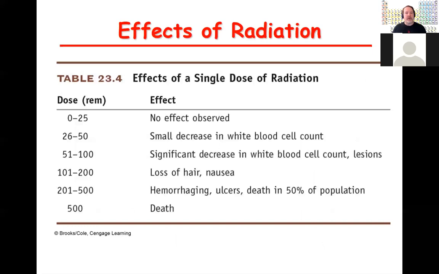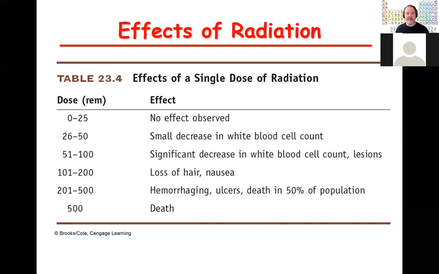All right. So what kind of damage and bad things happen based on exposure? Well, 0 to 25 rem, doesn't seem to be too much damage or exposure effects that we see. Now, 26 to 50, there starts to be a decrease in white blood cells. That means you're more likely to get sick. And you can see some of the other changes there.